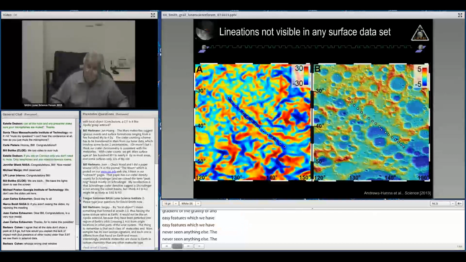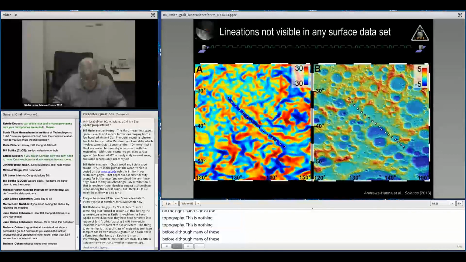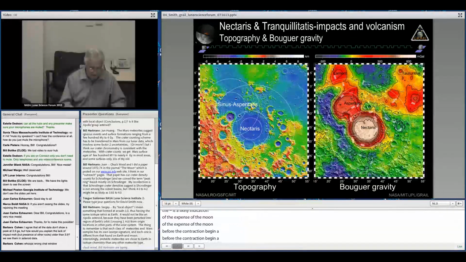This linear feature was not seen before, and there are many of these linear features, quite lengthy ones, that has been put down in the papers in Science as a likely indication of the expansion of the moon in its very early times, before the contraction began a little later. A very interesting result, which we did not expect until we got the resolution of the GRAIL data.